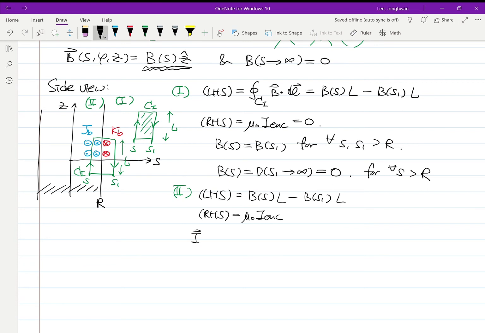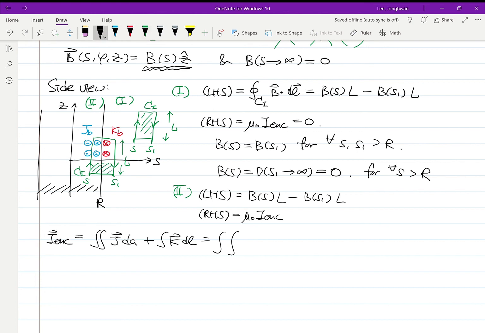So you have to consider both current types: the integral of J dA and K dl. We have the area integral over this green area enclosed by C2.